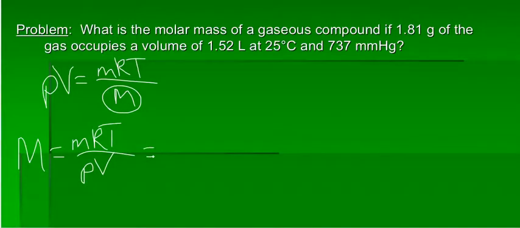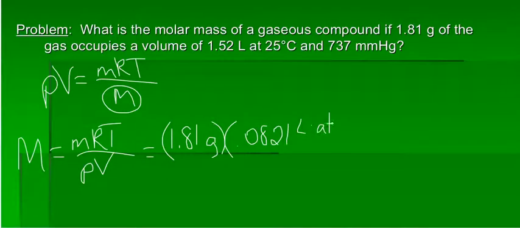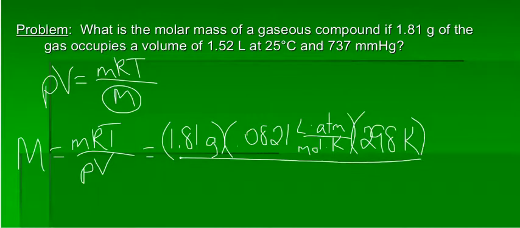Small m is the mass, which is in grams, so you've got 1.81 grams. R is the gas constant. T is temperature. It has to be in Kelvin. We have 25 degrees Celsius, so in Kelvin that's 298. Divided by P, 737 millimeters. That has to be in atmospheres. So we're going to take 737 divided by 760 to get me into atmospheres.